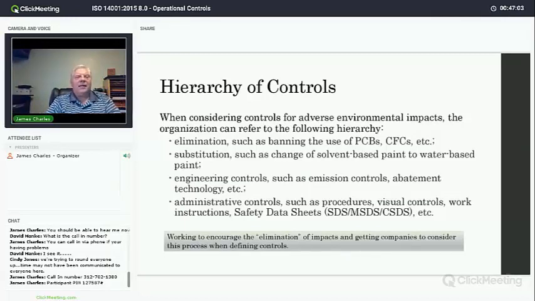So at this point, there's no documentation requirement for this, but to speak to the standard and show the auditor that you're moving in this direction, some discussion and notes along this line would be helpful.